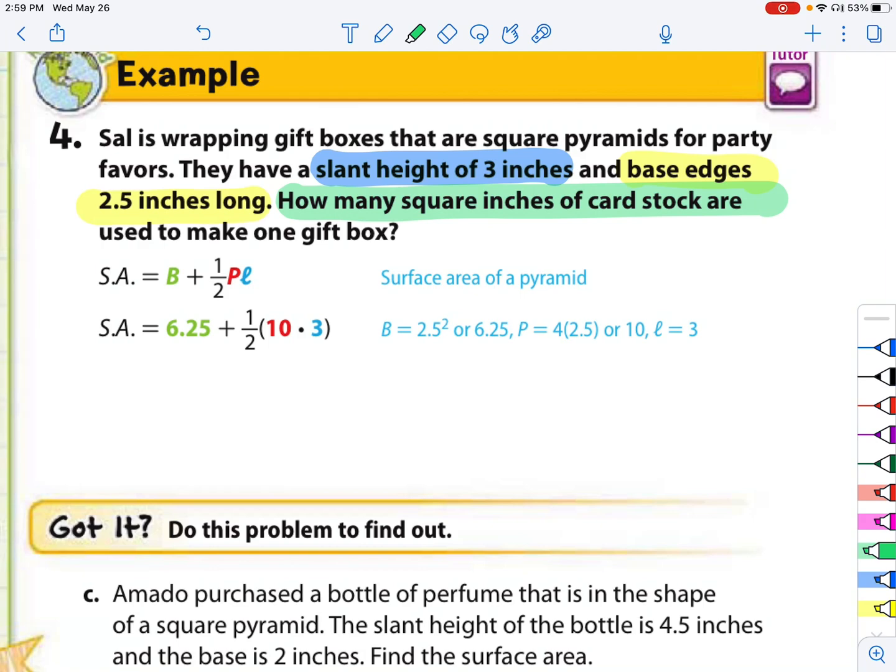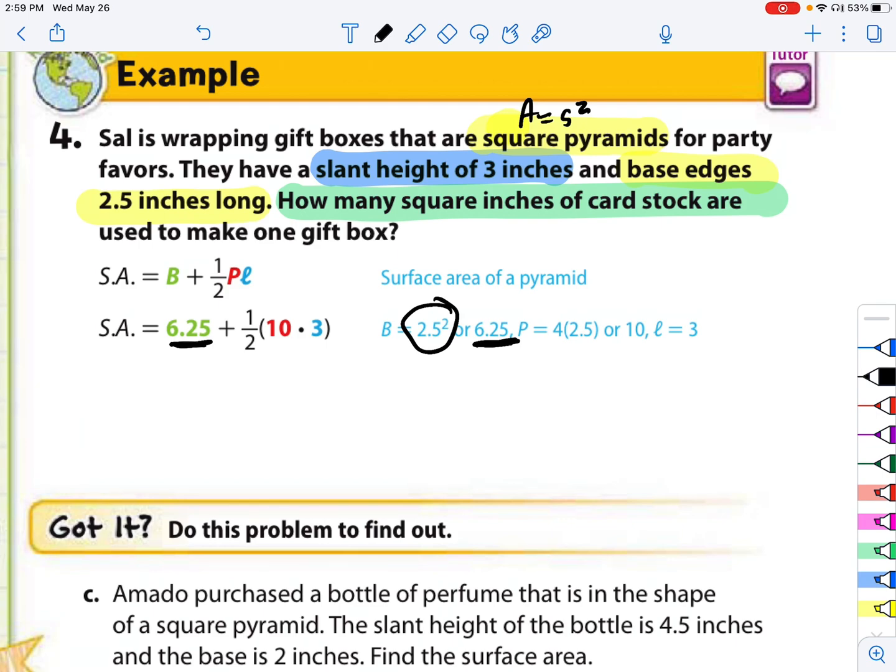And if it has 2.5 inches as side edges, the formula for the area of a square is s squared, which is 2.5 squared, or 6.25. That's where that number comes from.